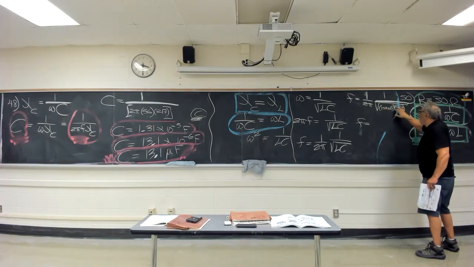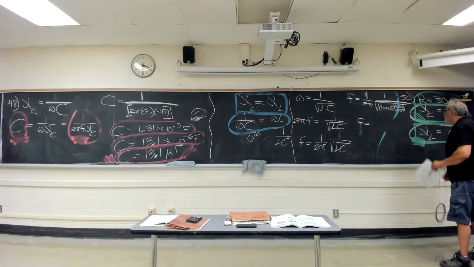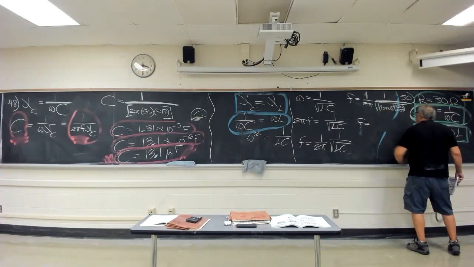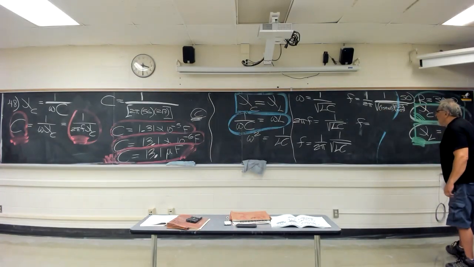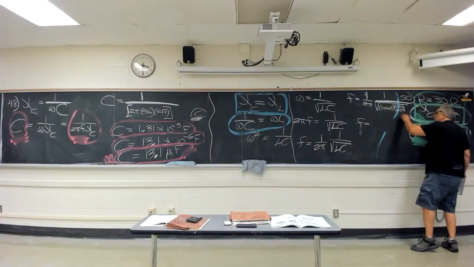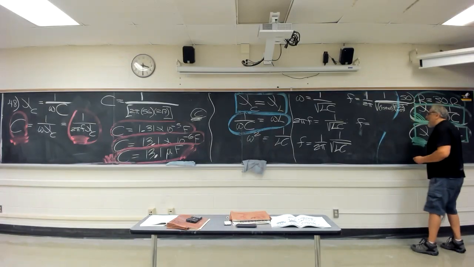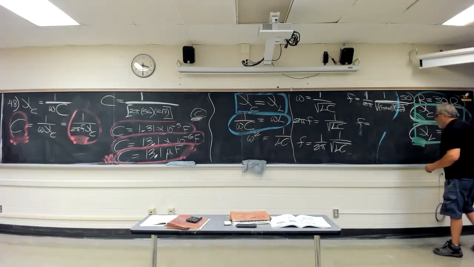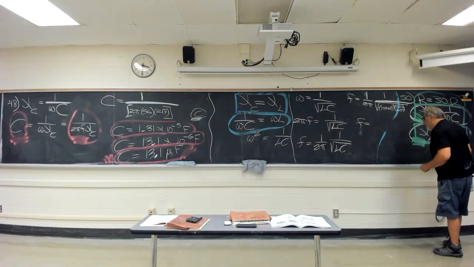All this on the bottom now, 154 times 1.22 comes out to about 190. 10 to the negative 3 times 10 to the negative 6 is 10 to the negative 9. 190 times 10 to the negative 9 is the same as 19 times 10 to the negative 10.